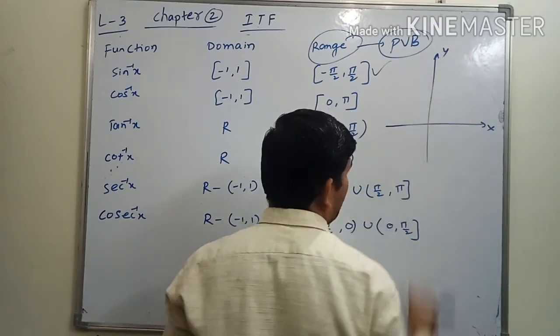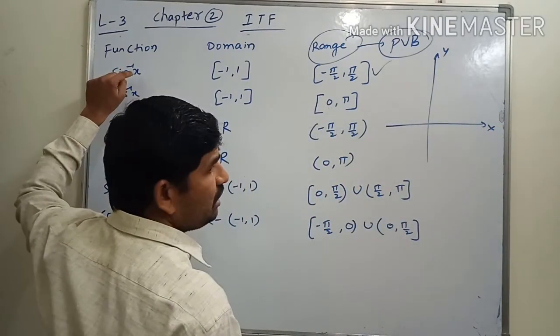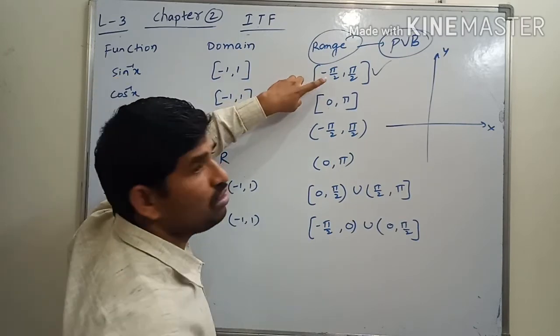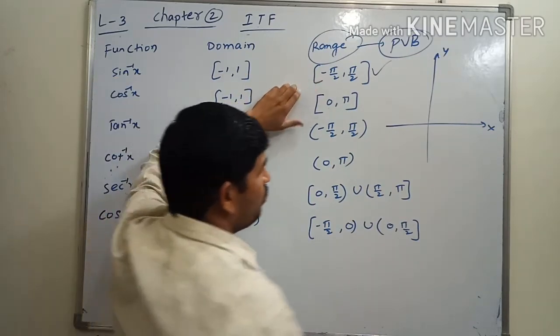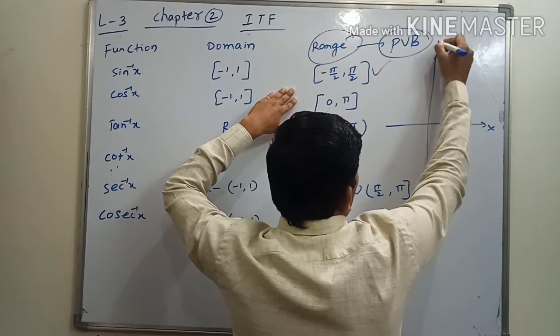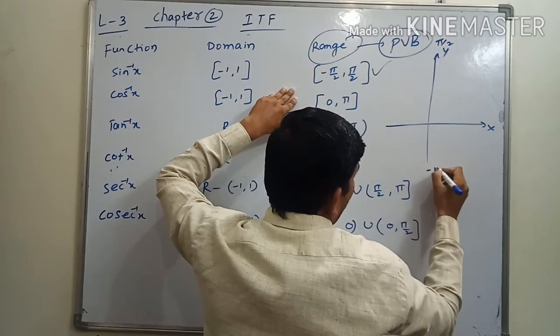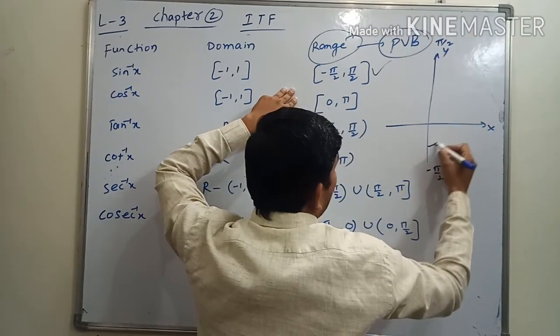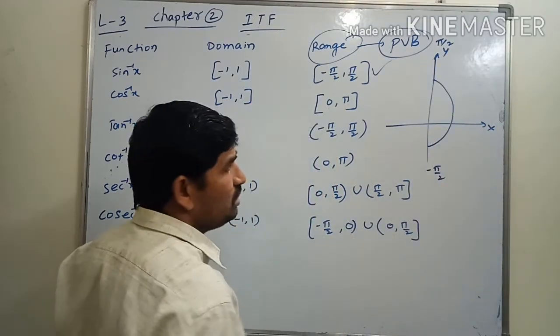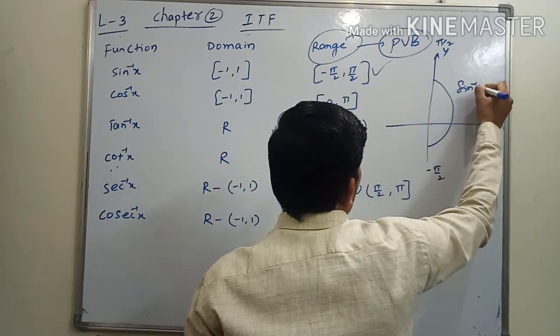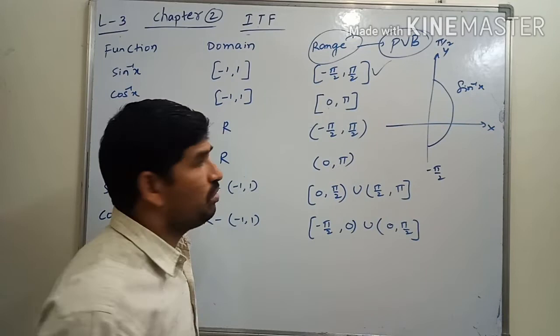See, I will tell you how to remember. This is the x axis, this is the y axis. Suppose we are taking the range of the sine inverse function, which is in between minus π/2 to π/2. We know this is π/2, or 90 degrees, and this is minus π/2.